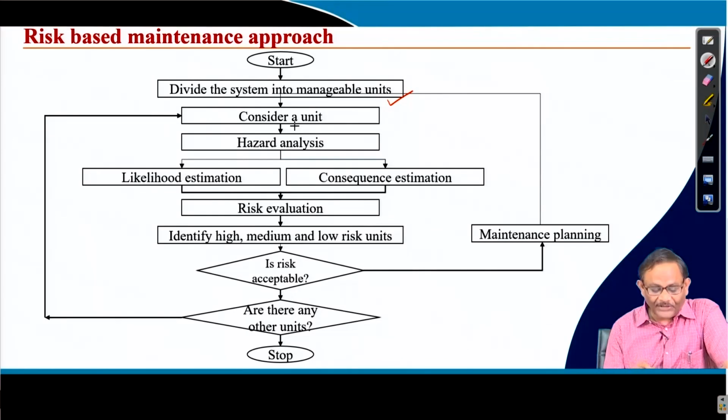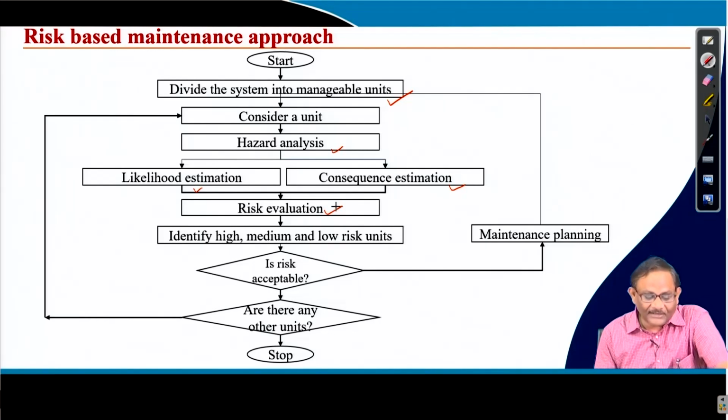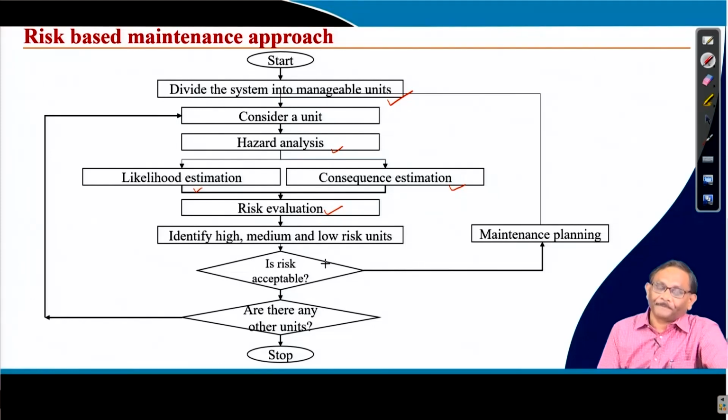Then consider one unit and do all the steps, the 6 steps I said. First hazard analysis, likelihood estimation, consequence estimation, then evaluate the risk, and then identify high, medium, low risk units. That means you are basically categorizing the unit in terms of its risk. So if it is high, medium or low, that kind of classification you do.